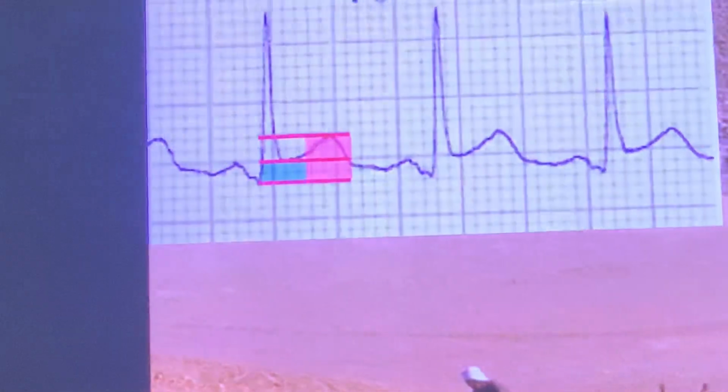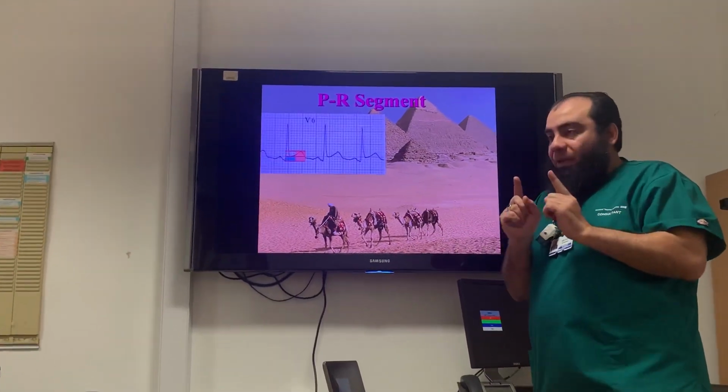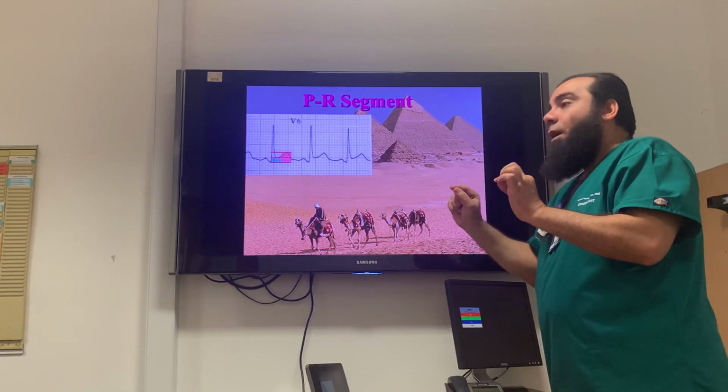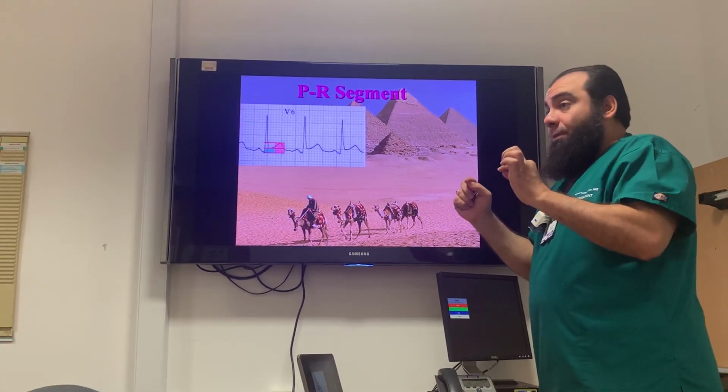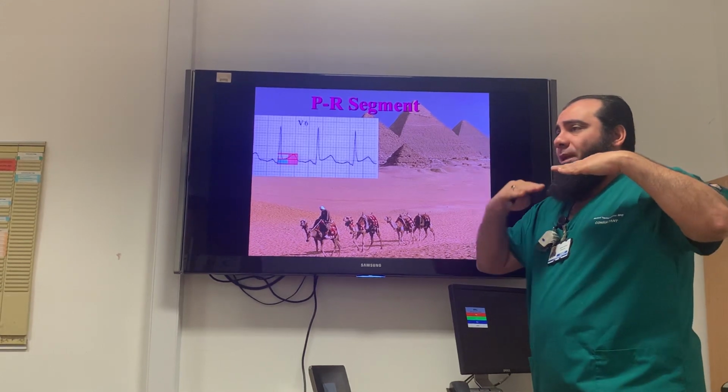If we speak about the interval, we speak about prolongation or shortening, like QT. So the PR segment is the end of the P to the start of the QRS complex. Is it significant to assess its variability from the baseline?